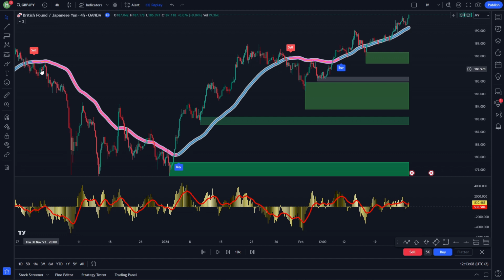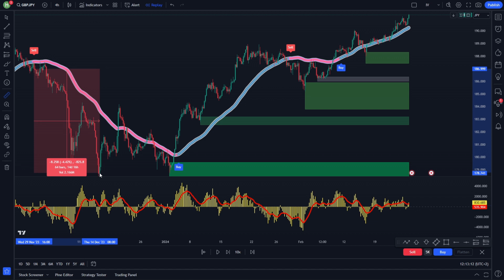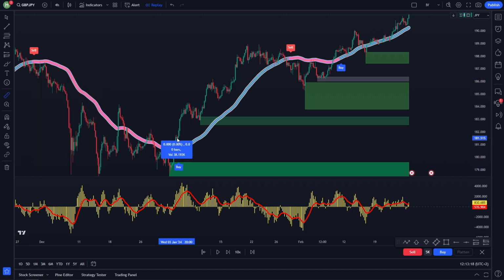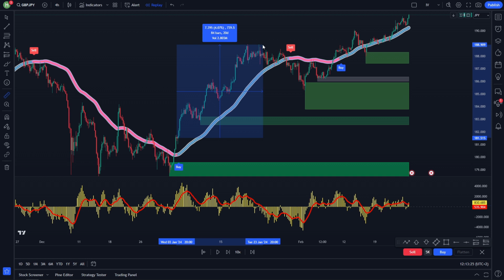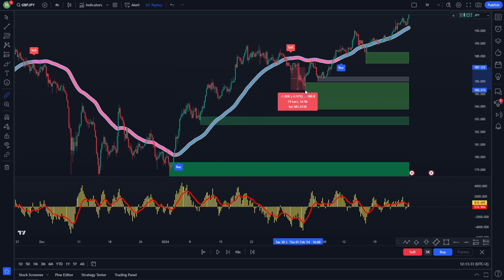Hey traders! In the ever-evolving landscape of financial markets, traders are constantly looking for strategies that offer both flexibility and profitability. One such approach that has garnered considerable attention is swing trading. Unlike traditional buy and hold strategies or day trading, swing trading involves capitalizing on short to medium term price movements within a broader trend.